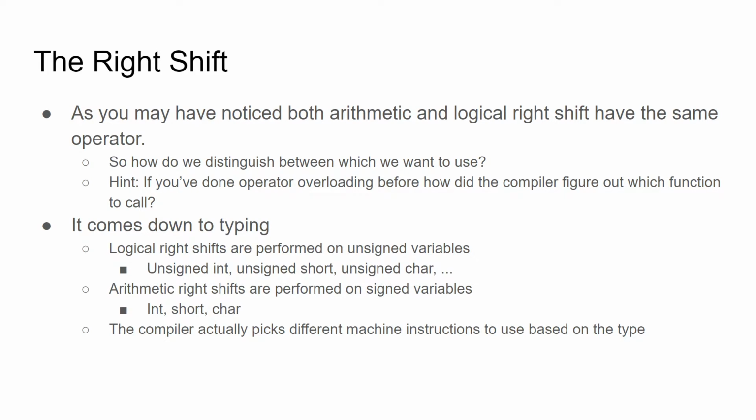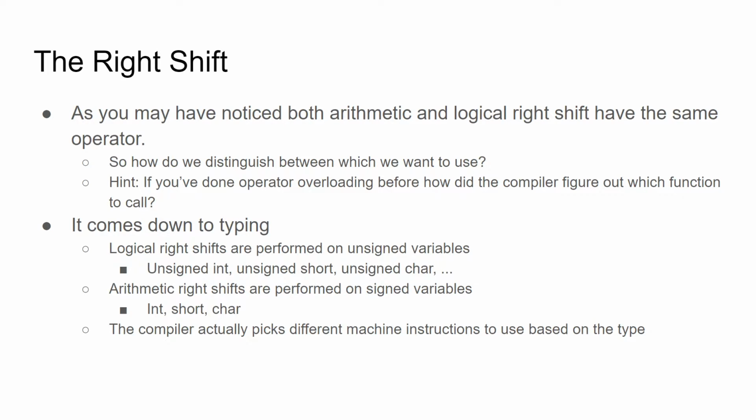So if the thing that we're trying to shift is an unsigned variable, like an unsigned int or an unsigned short or unsigned char, it will do a logical right shift and you'll bring in zeros. But if the thing that you're working with is a signed variable, like int, char, or short, if you right shift it, you will do an arithmetic right shift.